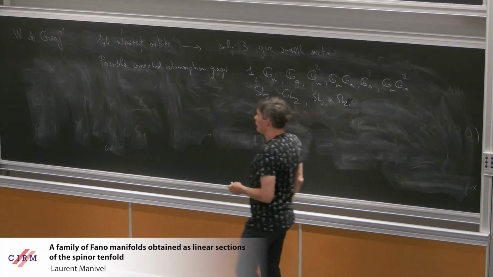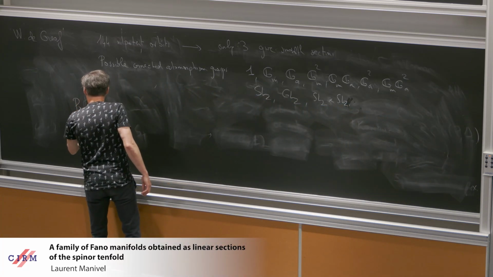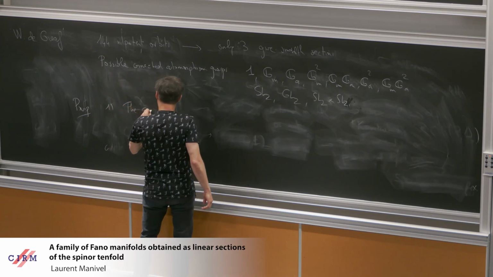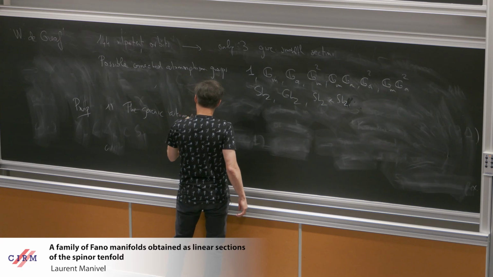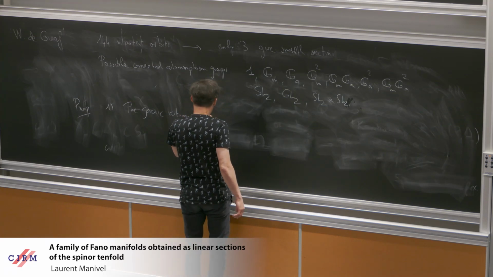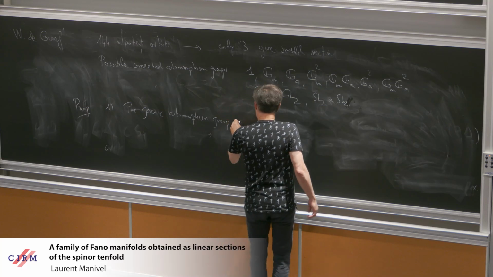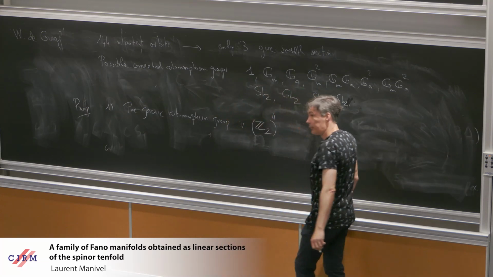And maybe just a statement to be a little more precise. We can say the generic automorphism group is actually Z2 to the 4, the finite group of order 16.